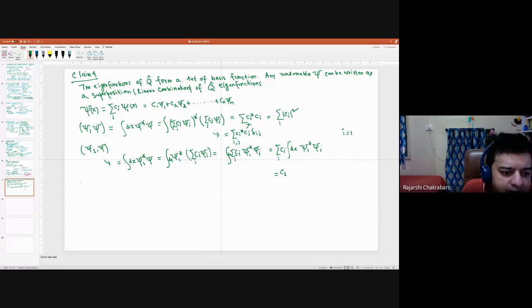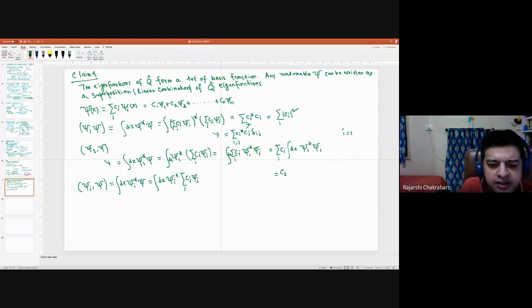But I can do another thing. This was psi 1. If I do it for psi i comma psi, what is the answer? This is the integral of psi i star psi, and psi I can write as a linear combination with a different dummy variable, because I should not be using i here, I should use j. Otherwise I'll have confusion.